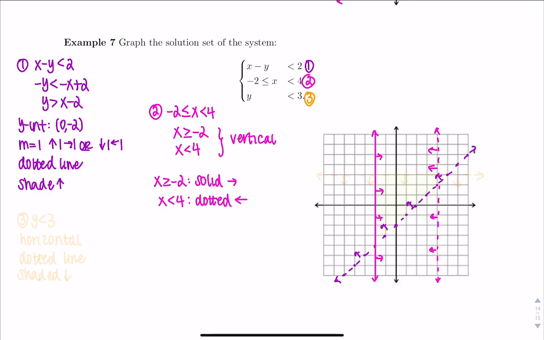And the last one, y is less than 3. Well, that's horizontal. That's going to be dotted. And it will be shaded below.